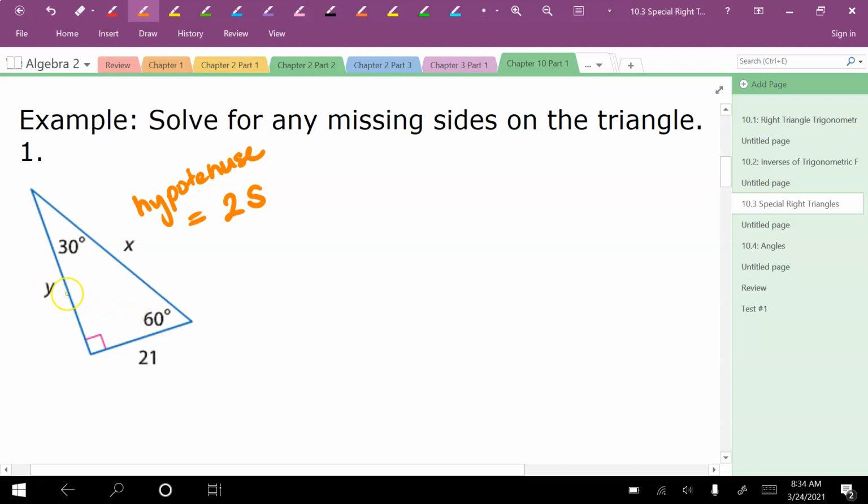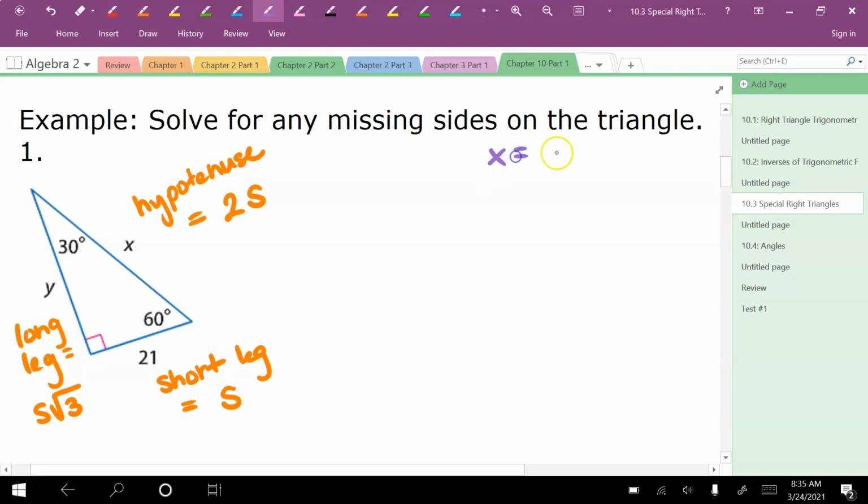The Y is across from 60 degrees, so that's the longer leg, and that's equal to S radical 3. And then across from 30 degrees is the 21. That's the short leg, and that's equal to your S. So in short, X is going to be equal to whatever S is times 2, and Y is going to be equal to whatever S is attached to a square root of 3.